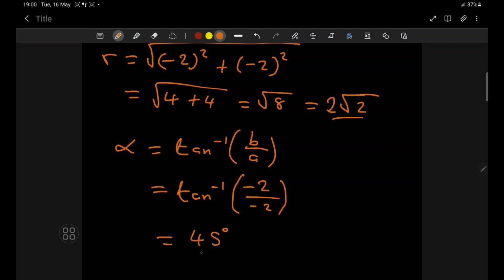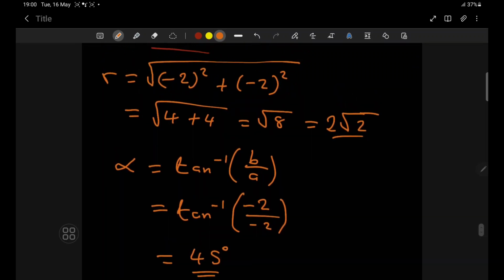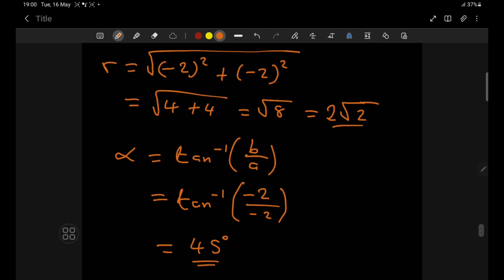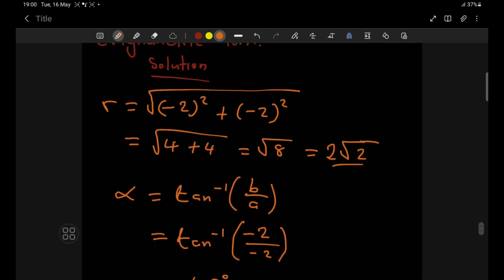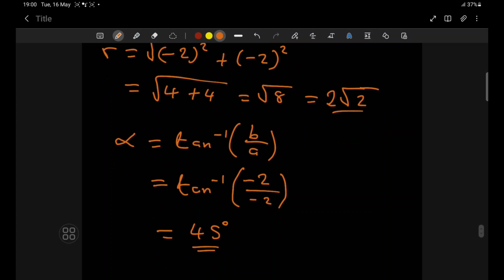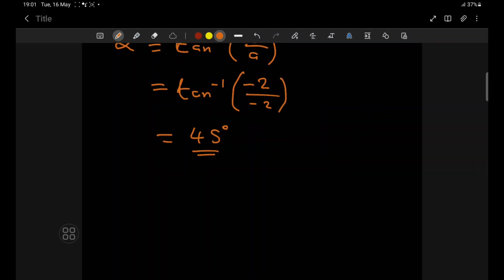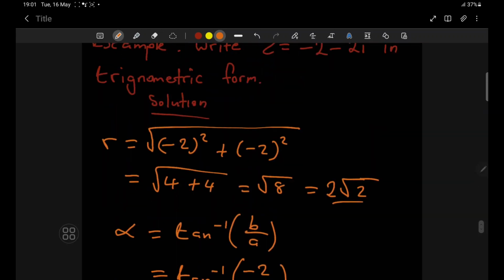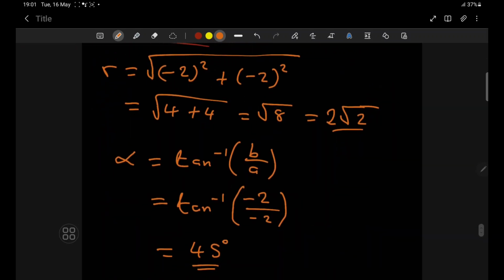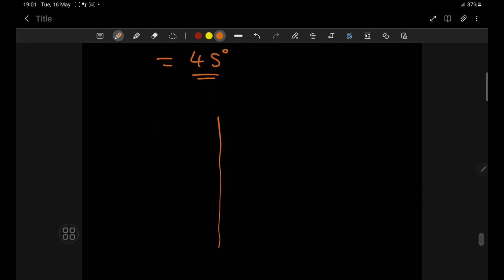So if we're having 45 degrees, one thing I also need to mention is that if we follow the strict trig methods of finding an angle, we might have two angles, because tan is positive in the first and third quadrant. So we need to sketch it in order to know where our modulus lies. So if we sketch the question that we have, this is our imaginary axis, and this is our real.